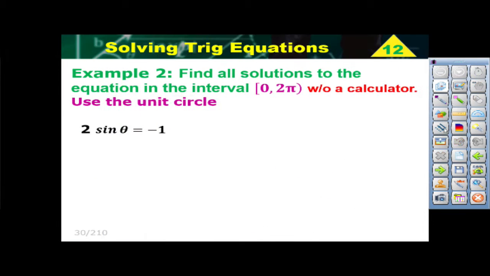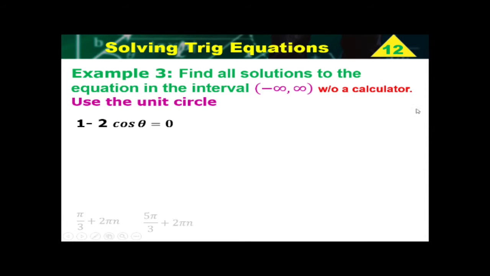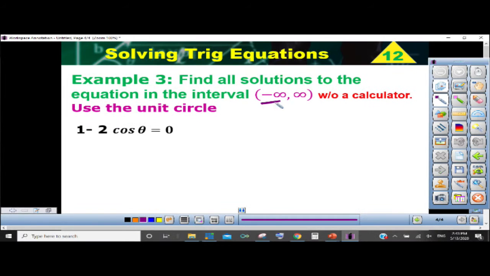Okay, here's another one. And this one says now you are kind of limitless. You are limitless, meaning you could go from negative infinity all the way to infinity and beyond, Buzz Lightyear.